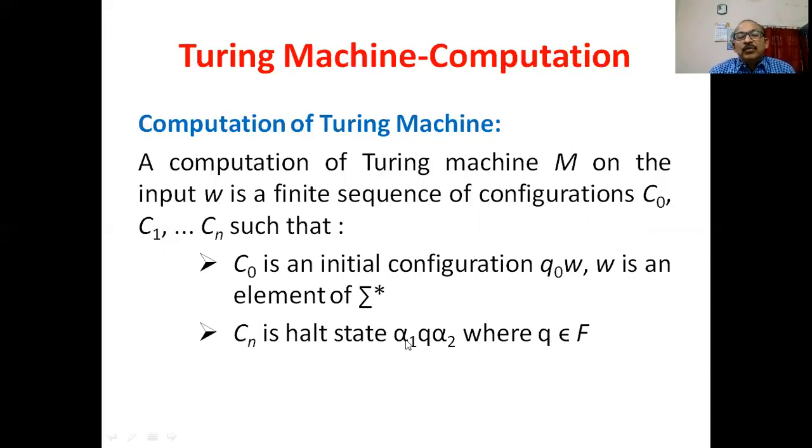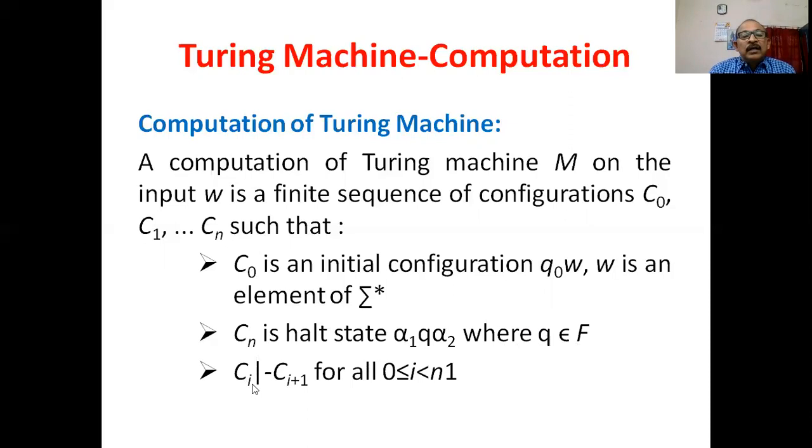Which means alpha 1, Q and alpha 2. Here in the halt state, Q is a member of F, meaning a member of the set of final states, and alpha 1 and alpha 2 are members of gamma star.